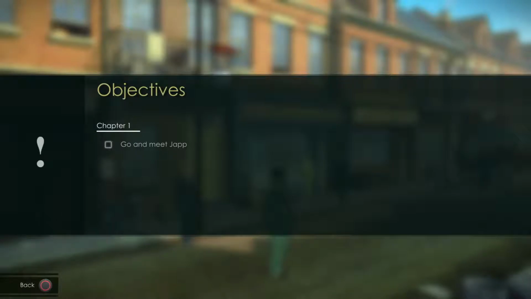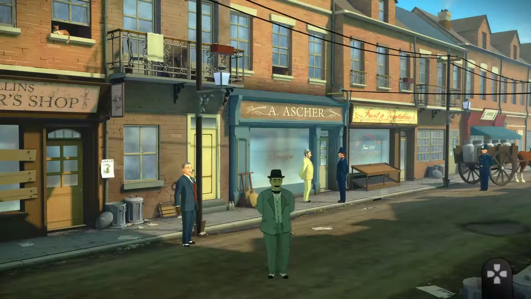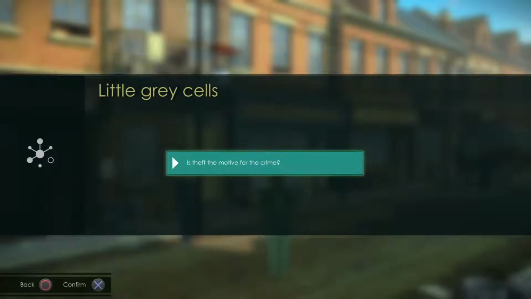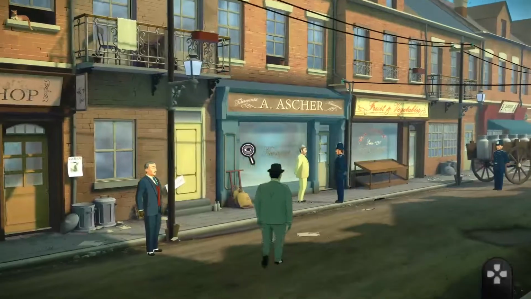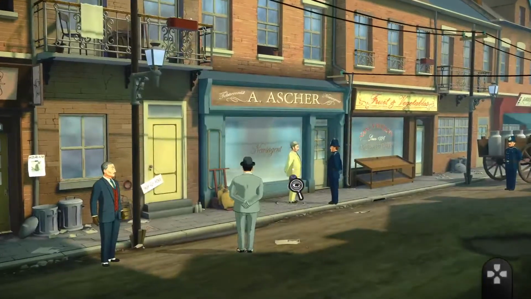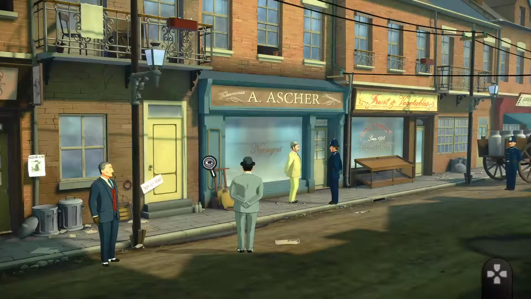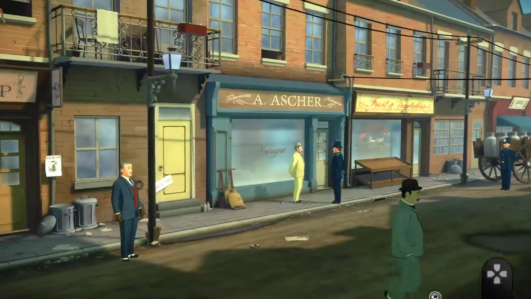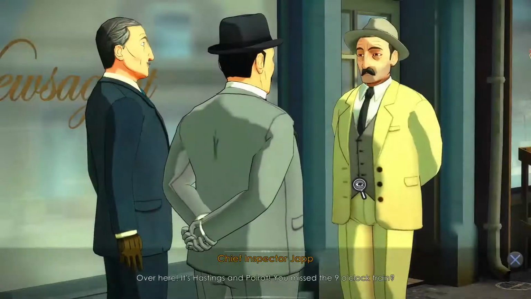Go meet Japp. Our notebook, currently empty. Is theft the motive for the crime? Okay. I don't know if I should inspect stuff before talking to people. Oh, I guess over here it did it automatically.